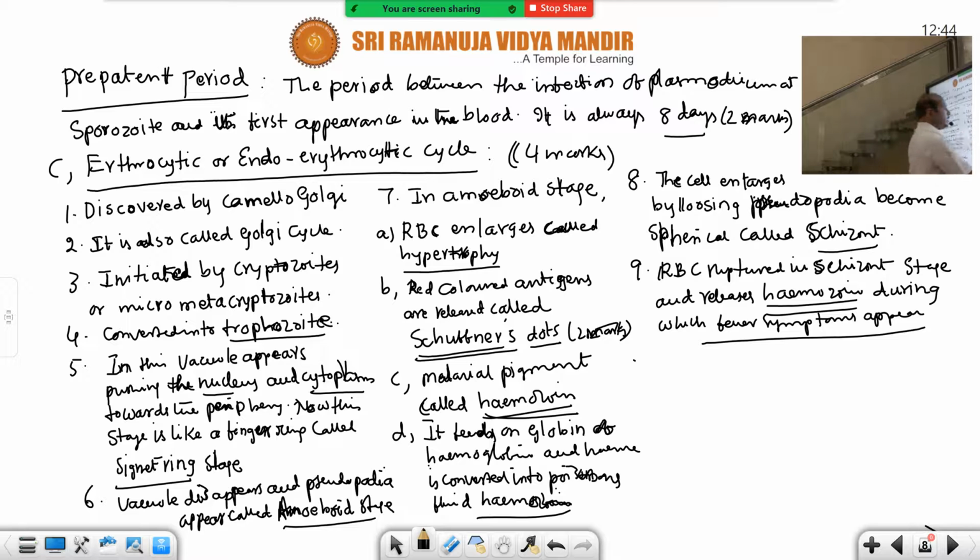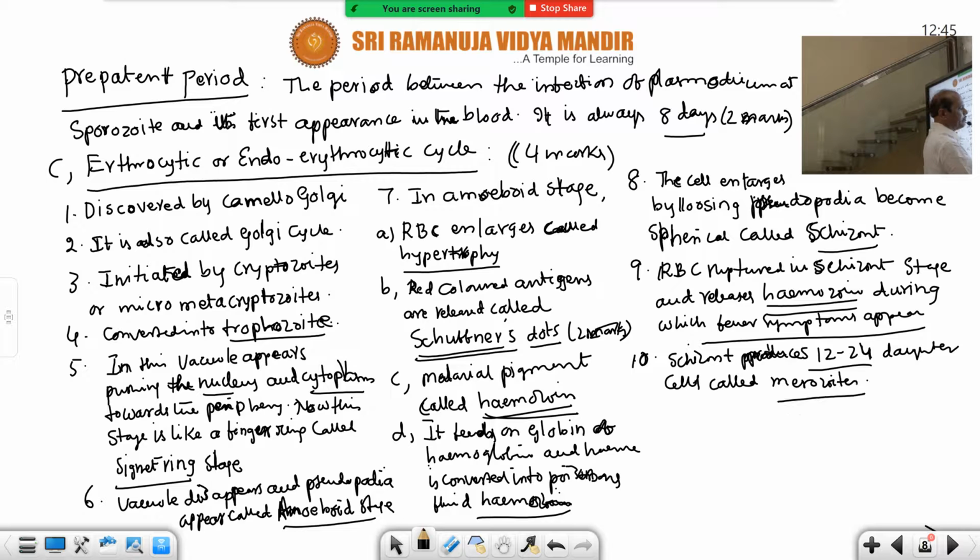Then the schizont undergoes erythrocytic schizogony. The schizont produces daughter cells, 12 to 24; remember this number also. These are called merozoites, the fifth stage, 12 to 24.